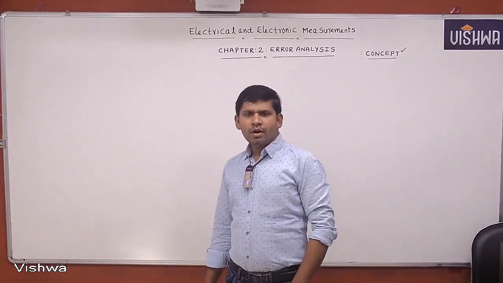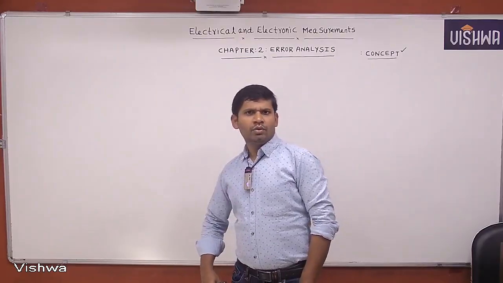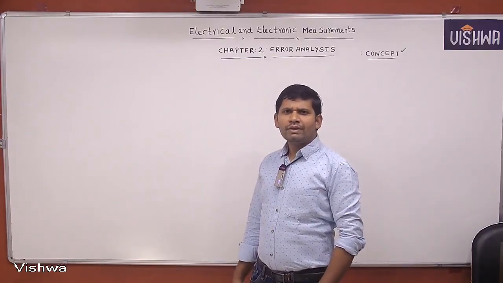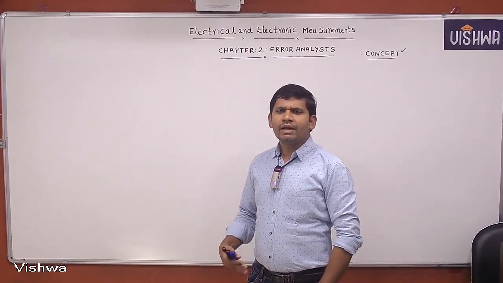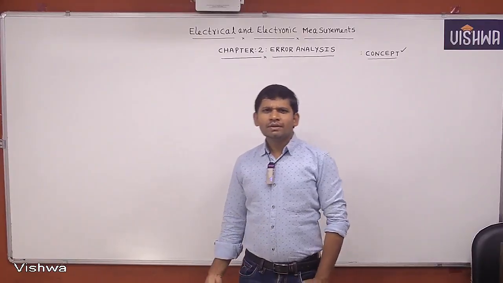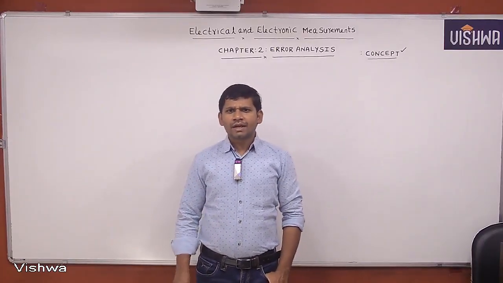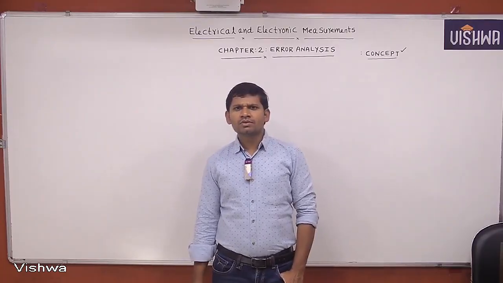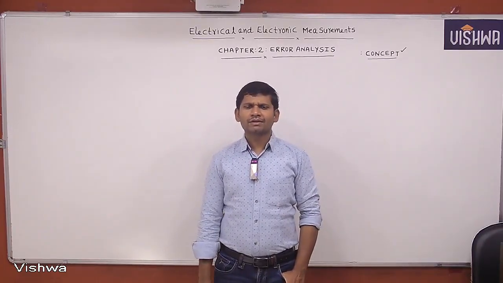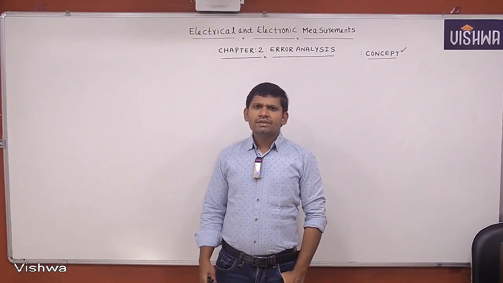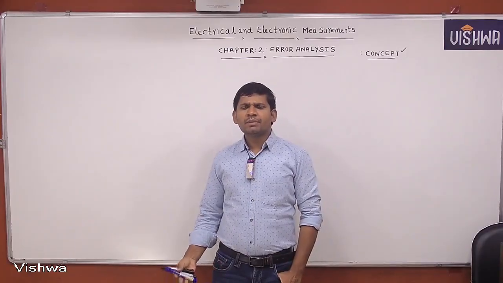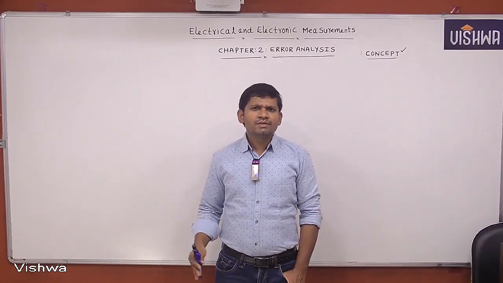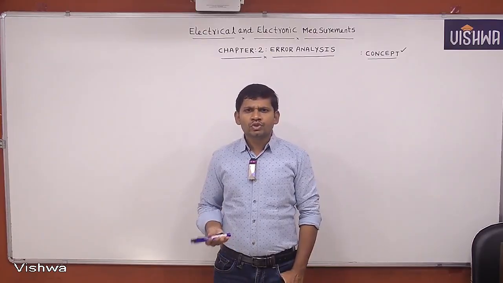Now in this session we'll continue with the types of errors, mainly in measurement systems. That is also types of static errors. These errors may occur in the measurement process, or in the instrument itself.